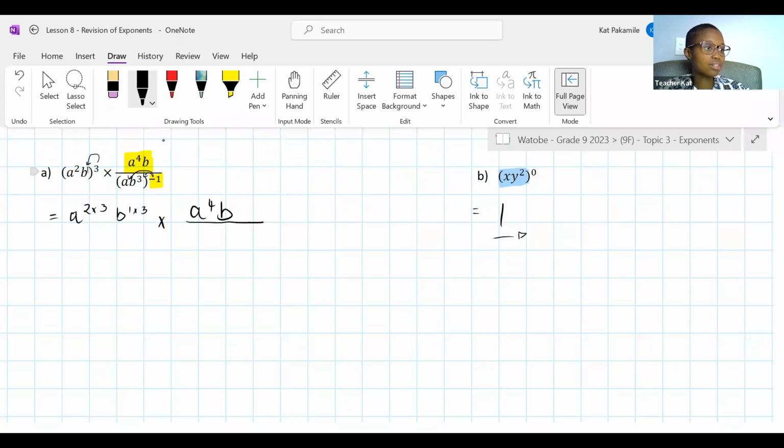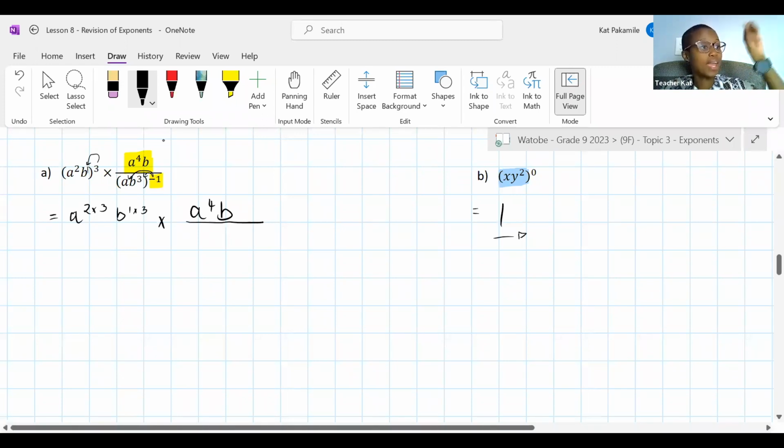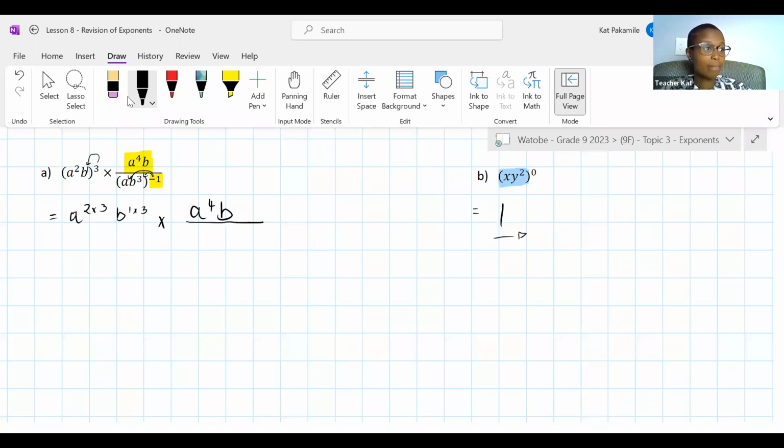Remember we distributed this 3 that was outside into the bracket. Yes, ma'am. So this -1 is also outside. So we have to make sure A gets -1 and B gets -1. You see that? Yes, ma'am.